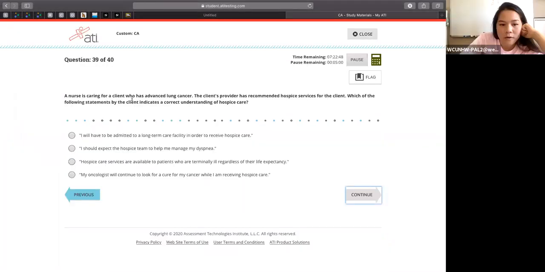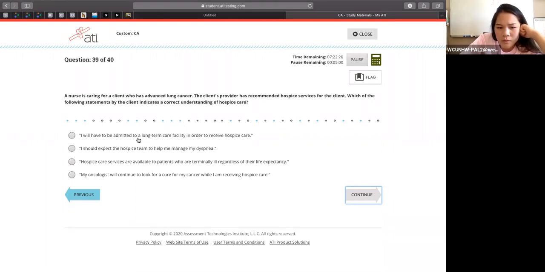A nurse is caring for a client who has advanced lung cancer. The client's provider has recommended hospice service for the client. Which of the following statements by the client indicates a correct understanding of hospice care? A: I will have to be admitted to a long-term, no, hospice care is short-term.